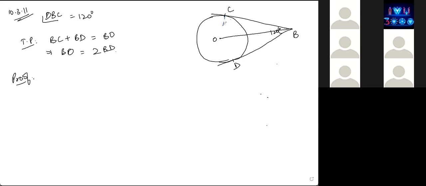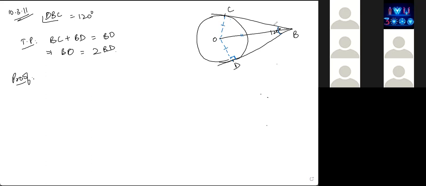Okay, let's join this and see if that helps us. See, 120 degrees we are given. And by proving these two triangles congruent, which we have done, you can use RHS: right angle, common side, radius. These two triangles will be congruent. That's how we got BC equal to BD, the proof of equal tangents.